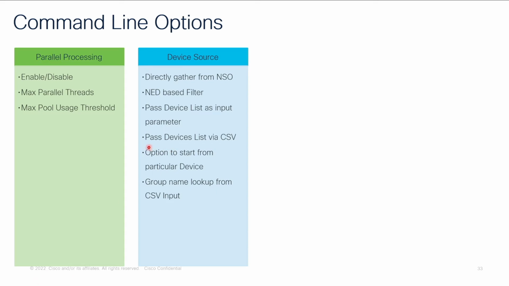That is another option. And the third option is NED specific devices. For example, I only want to get the Nokia devices report, or ALU-SR devices, or XR devices information. For that purpose, we can give that category also. So no need to go with all the devices at a time, we can filter them.